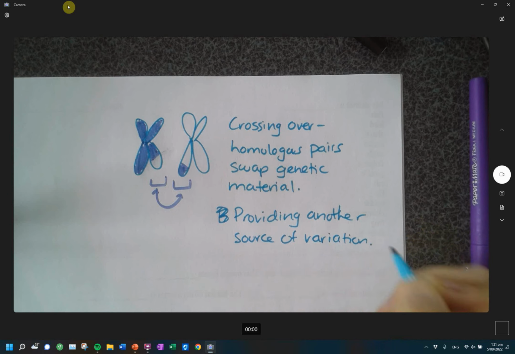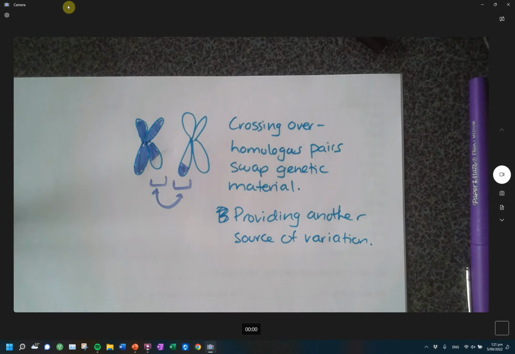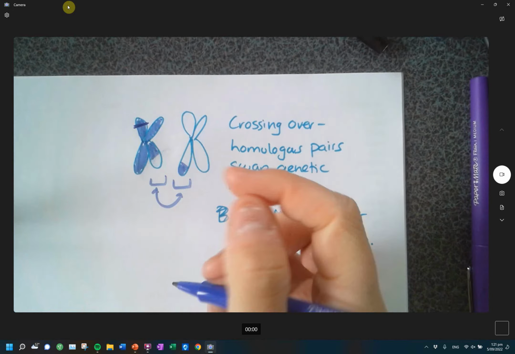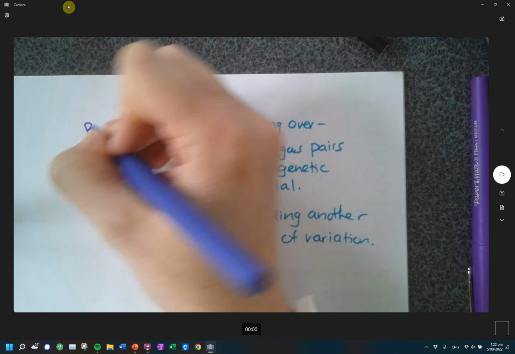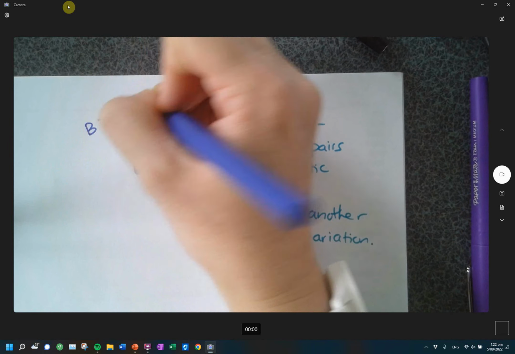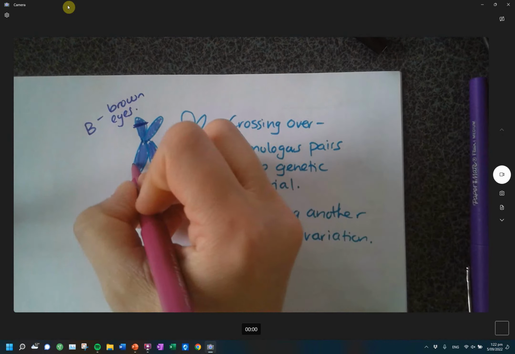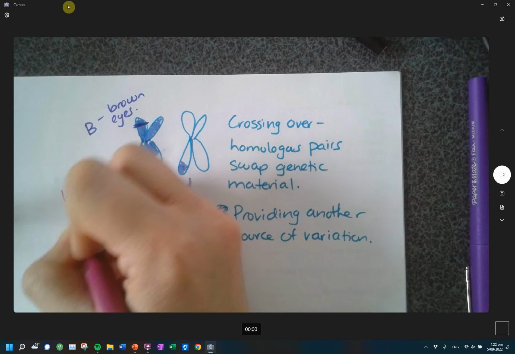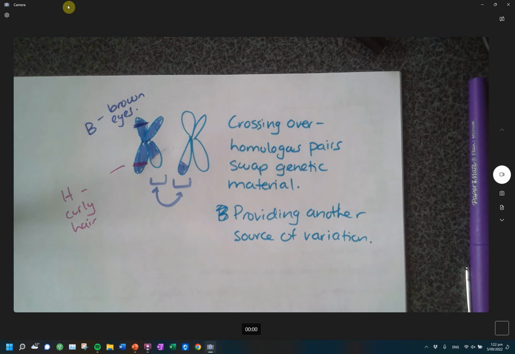So when genes are on the same chromosome, they are known as linked. Say, for example, I have a gene here for eye color, big B, brown, and then I have another gene here for curly hair, let's say H. These two are known as linked genes because they're on the same chromosome.